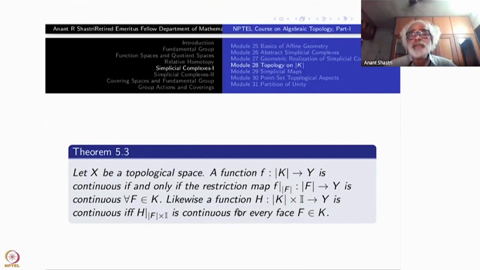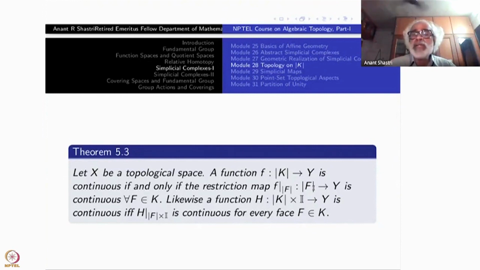Likewise, a function H from mod K cross I to Y is continuous if and only if H restricted to each mod F cross I is continuous for every face F in K. The first one is actually the same as the definition of the topology on mod K. Take a subset here which is closed; I want to show its inverse image is closed.